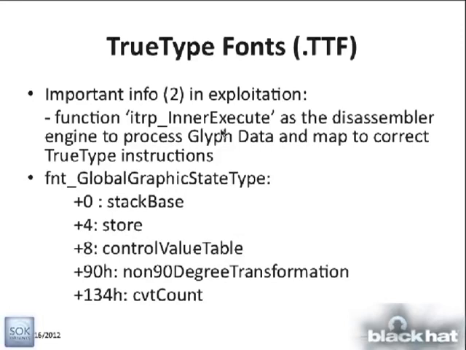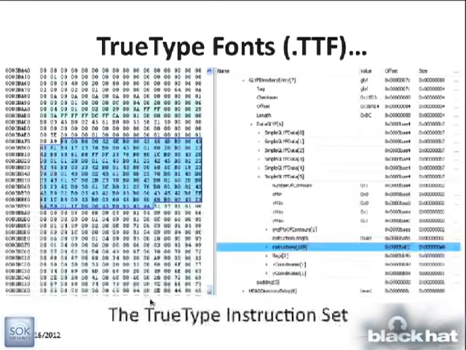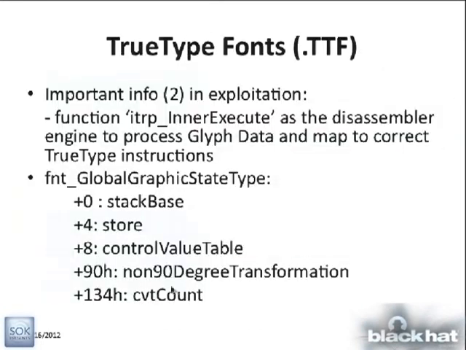We also learned that some important parameters are constructed in the FNT_GLOBALGRAPHICSSTATE type. For instance, offset 0 represents the state base, offset 4 stores the data, and it continues until offset 134. And please bear in mind this parameter, CVT count, because all the exploit action will happen in this parameter.